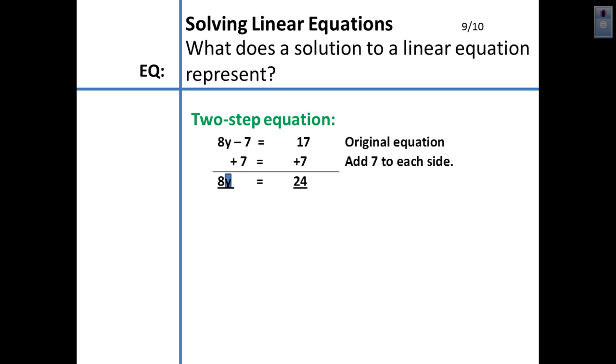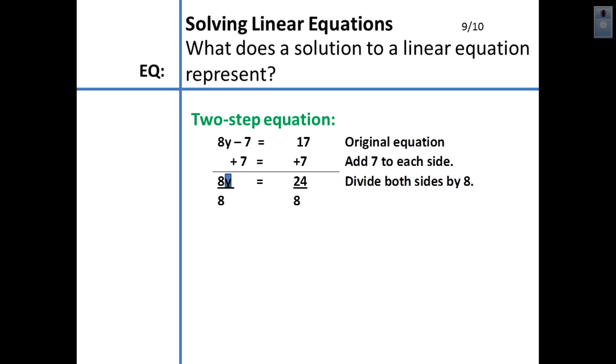Now, we are going to highlight the variable because that's what we want to have left. That means we need to figure out the reverse operation of multiplying by 8. And that is dividing by 8. So we are going to divide both sides by 8.